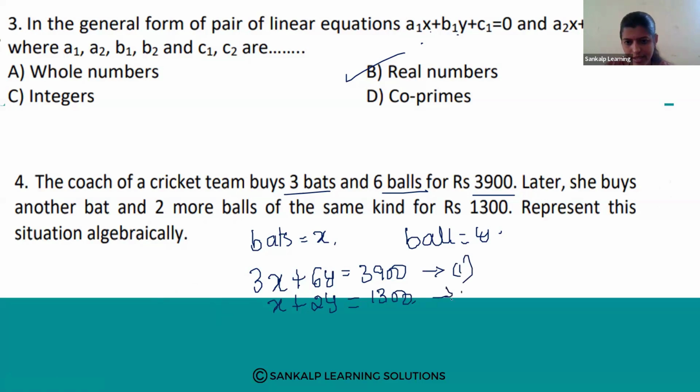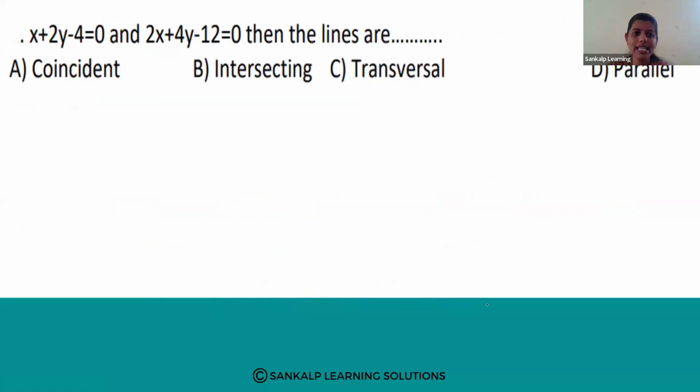Right? Understood? Next. x plus 2y minus 4 equal to 0, 2x plus 4y minus 12 equal to 0.